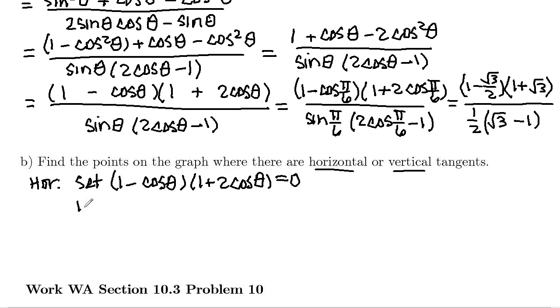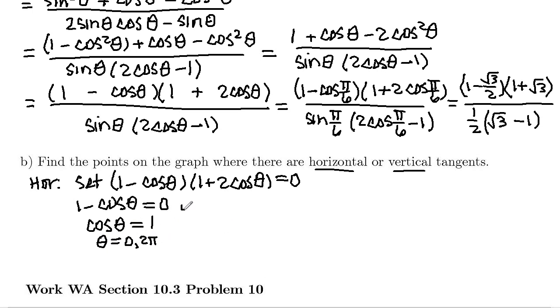So either 1 minus cosine theta is 0, in which case you can bring that cosine over on the right, get cosine theta is 1. The x-coordinate is 1 at theta equals 0 or 2 pi.